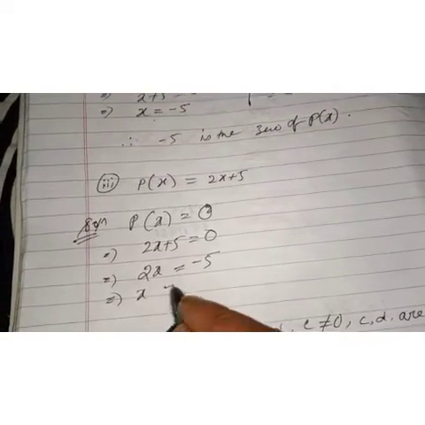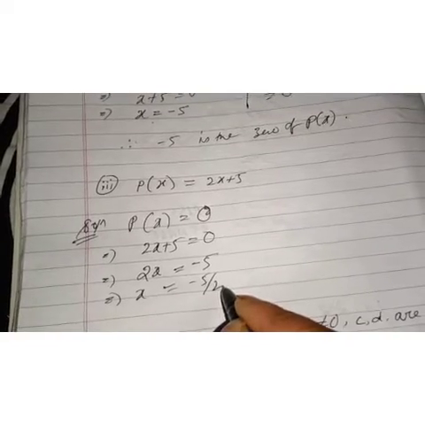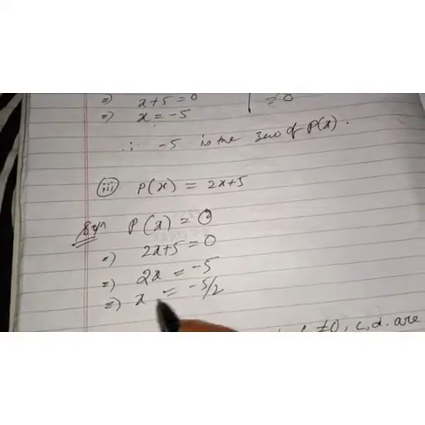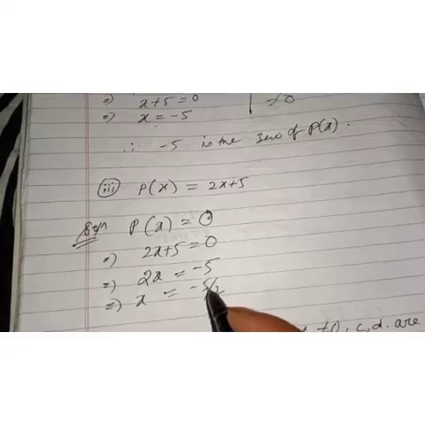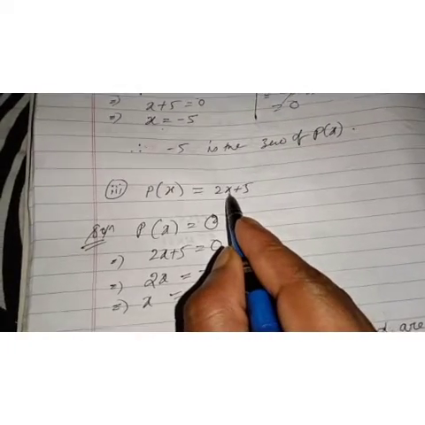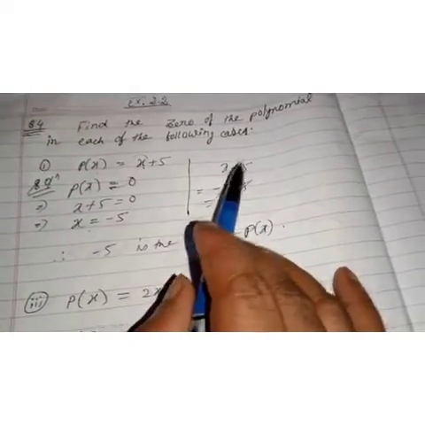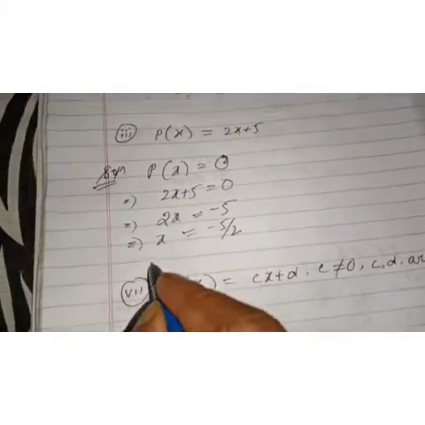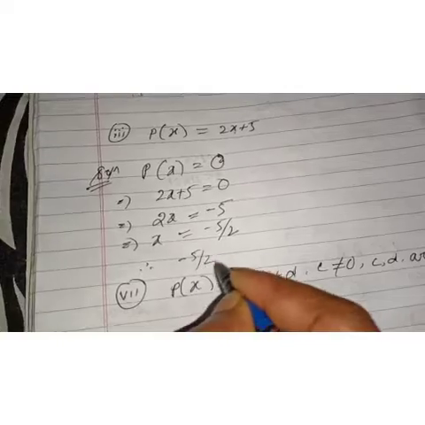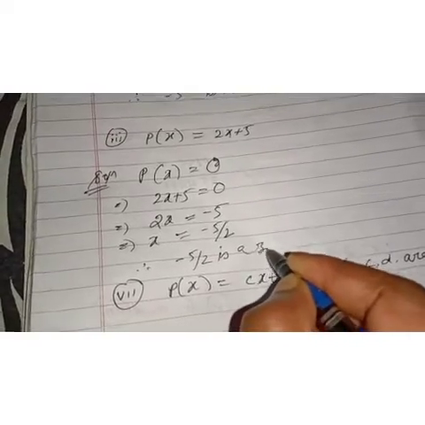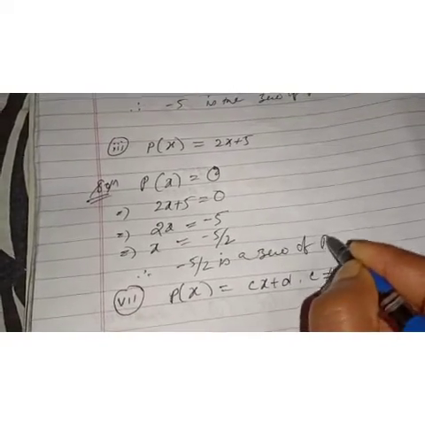Then x is equal to minus 5 by 2. You can verify by putting the value of x, minus 5 by 2, in the place of x here, and you can see the result is 0. Last time I did this verification. This is not needed, but you can do self verification. Therefore minus 5 by 2 is a 0 of p(x). Clear?